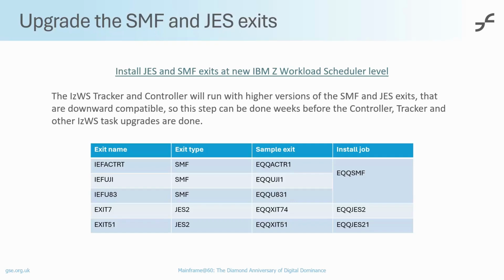And after you perform the upgrade, you can still run with your old version. So let's say that you are on a 9.5 or a 10.1 and you are going to upgrade to 10.2. You can upgrade your exits and still work with your 9.5 version. There's no problem since they are downward compatible.